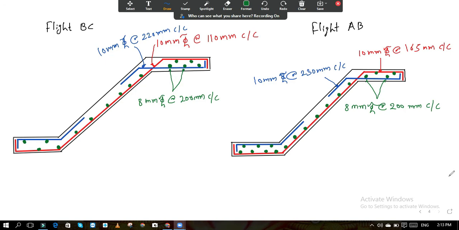I will give you 2 minutes. Please draw the diagram. And once it is over, let me know.